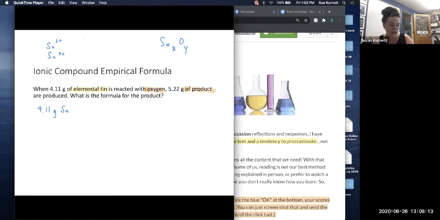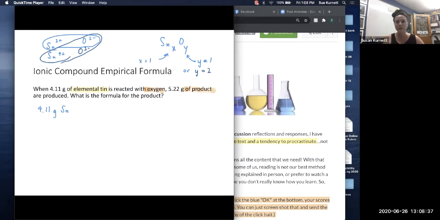And since oxide has a -2 charge, we expect that X will be 1, and we don't know about Y. If it's tin-2 oxide, Y will be 1. But if it's tin-4 oxide, we expect Y to be 2. So the goal of an empirical formula problem is to come up with the subscripts, the X and the Y. And we do this in the lab by taking measurements, but we can't do that this semester.